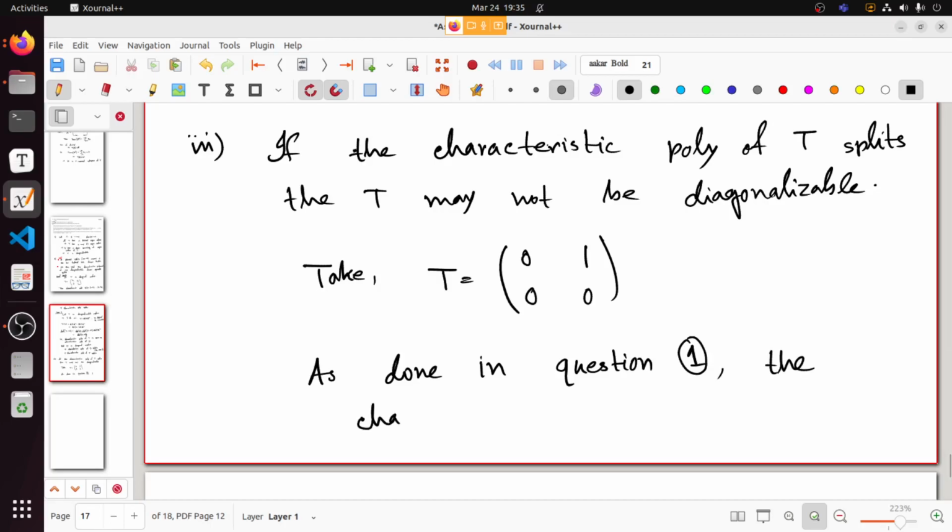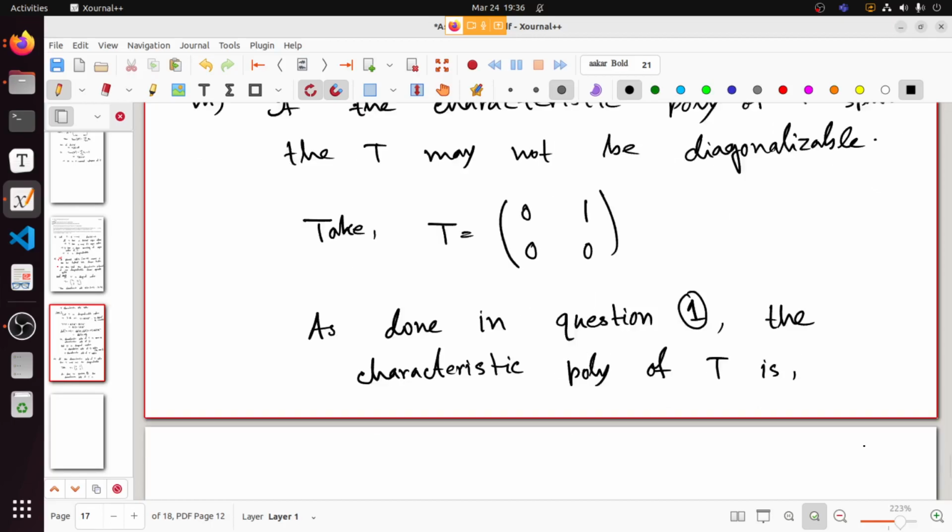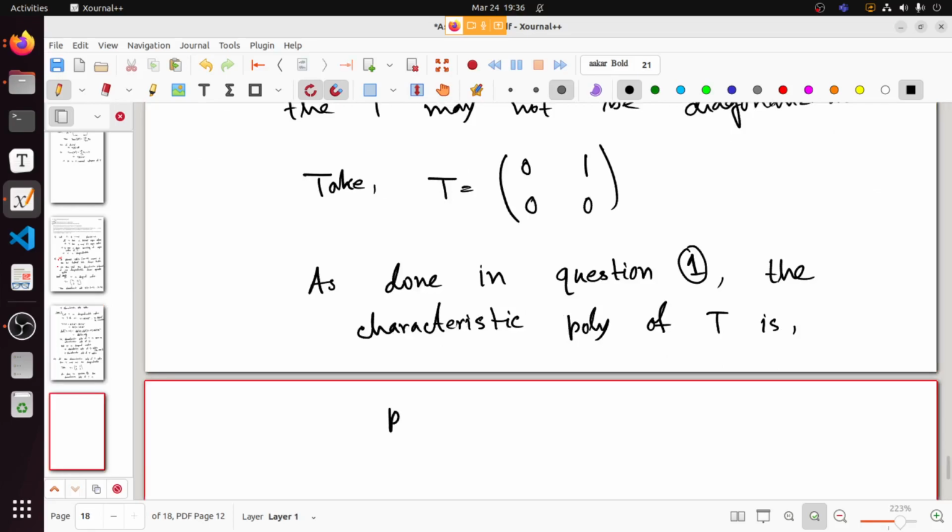the characteristic polynomial of T is p of lambda, which is lambda square, which is lambda into lambda.